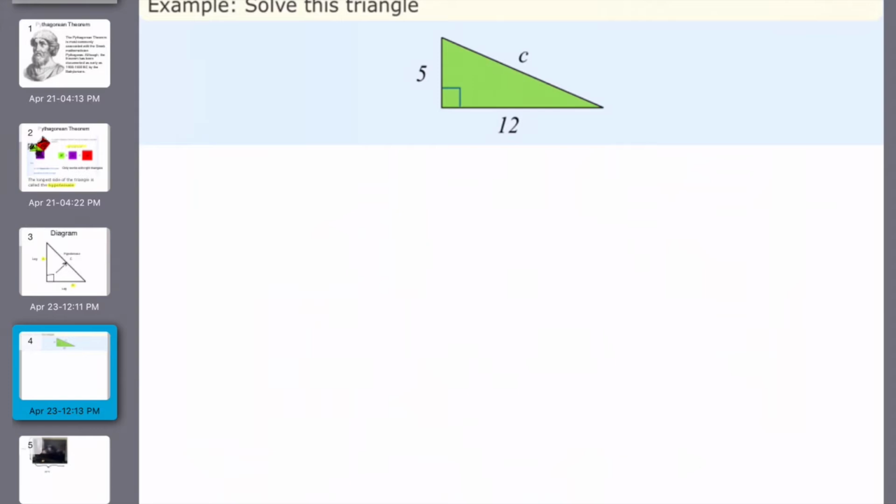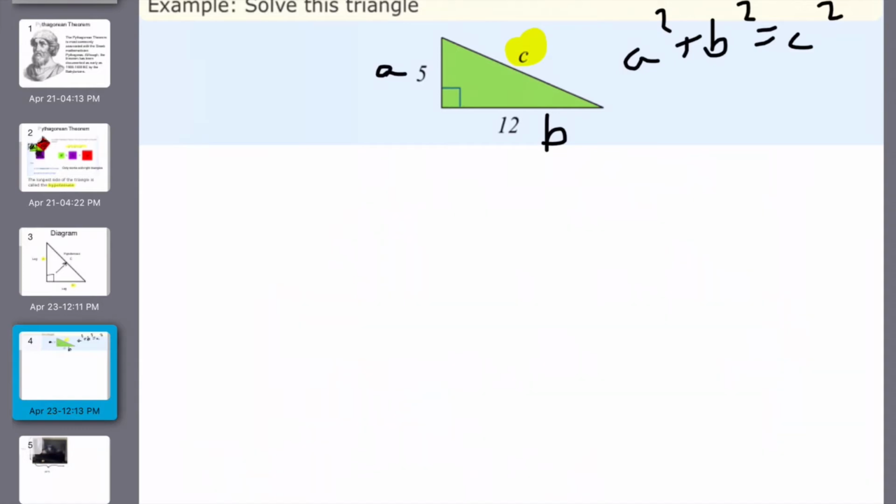I have a triangle with side lengths of 5, 12, and c. So I know I'm solving for the longest side, the hypotenuse. I need to input this other information into the Pythagorean theorem. Let's start by labeling it. I'm going to label this side a, and this side b. I remember that the Pythagorean theorem is a squared plus b squared equals c squared.